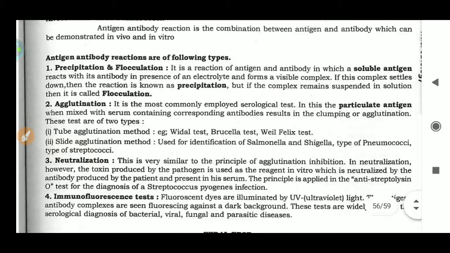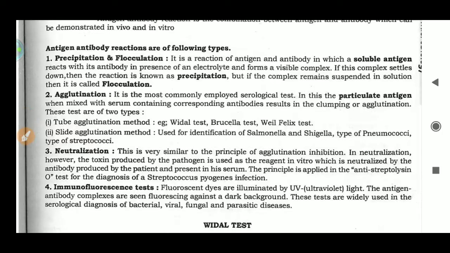These tests are of two types. Tube agglutination method, for example Widal test, Brucella test, Weil-Felix test. The second is the slide agglutination test. It is used for identification of Salmonella and Shigella, types of pneumococci and types of streptococci.